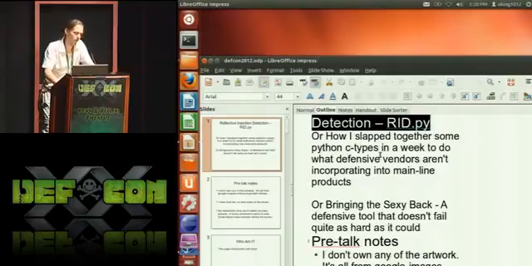Where's my pointer? All right, I just had an epic fail, guys. Horribly sorry about that.